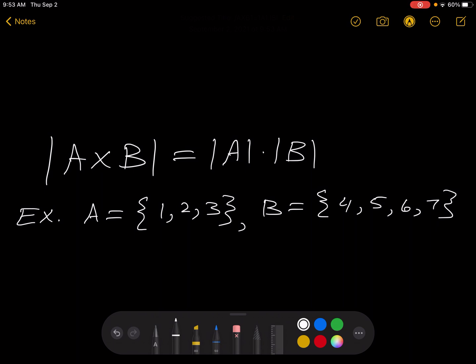Now notice, first of all, that the cardinality of A is 3. There's 3 elements there. And the cardinality of B is 4. There's 1, 2, 3, 4 elements in B.